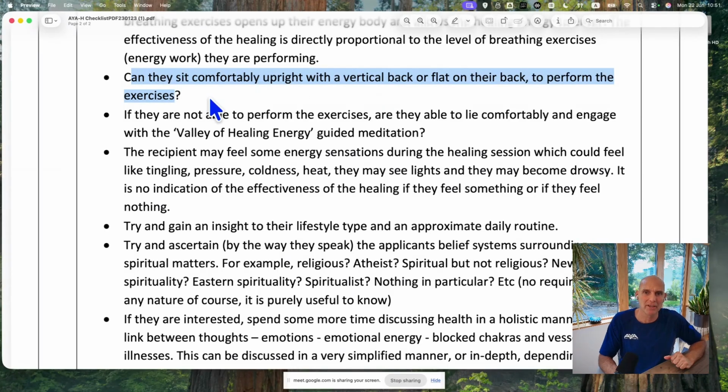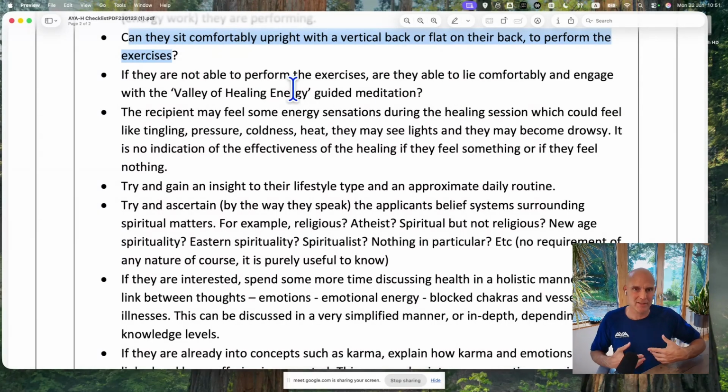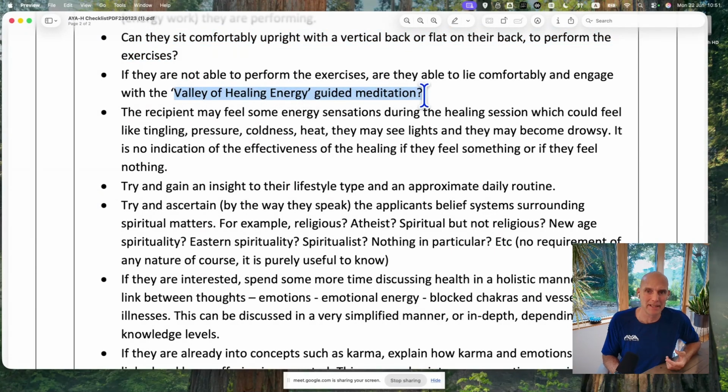Very important for us to know that. Or if they can't do that, we do have an option for them. If they can't sit up to do the exercises while they're receiving that healing energy, then we have this option here, the Valley of Healing Energy guided meditation. So as long as they can lie down and listen to this meditation, then the energy can still go.